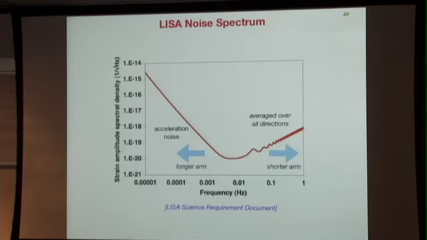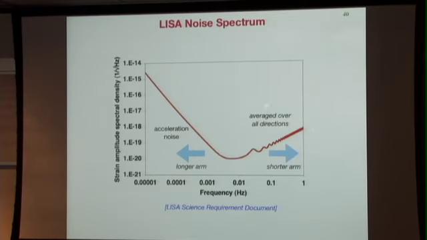So, as I said, if we look at the LISA noise spectrum, here is a sharp noise, and here it rises up because the sensitivity becomes no good at high gravitational wave frequencies, and here is acceleration noise. The problem is, if you move to a shorter arm, you can move away this knee, you collect more light, so your sensitivity here becomes better, but then your acceleration noise becomes worse.